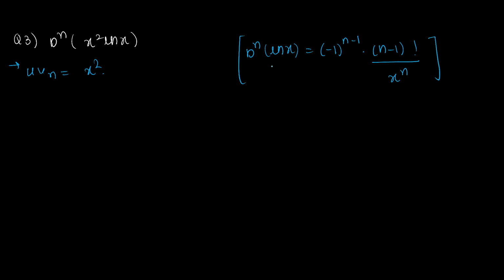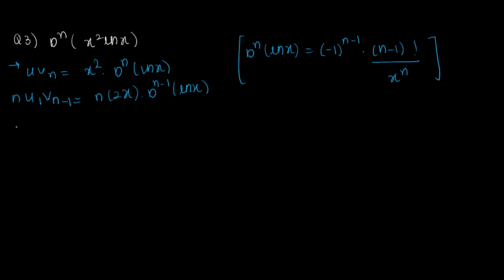Okay, this is the value for ln x. But substituting this value will be a very lengthy process. So I'll be directly writing this as dn ln x, that is nth derivative. Similarly for n u1 vn minus 1, I'll directly write n u1 is 2x times d power n minus 1 for ln x. Cool.